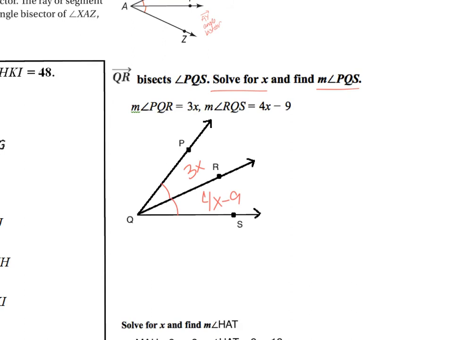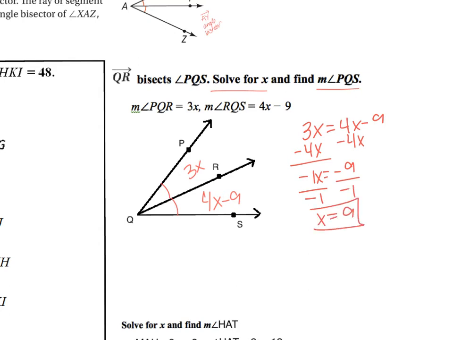Since we know those are congruent and equal, we can set those equations equal. So 3X is equal to 4X minus 9. Minus 4X from both sides equals negative 1X, or you could just write negative X, equals negative 9. Divide both sides by negative 1, X equals positive 9.